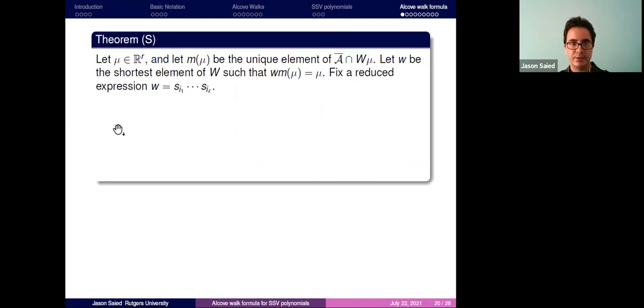But okay, yeah. So let's fix our mu, and let's, like before, let m of mu be the unique element that's in the Weyl orbit of mu and in the closed fundamental alcove. So this is the starting point for our recursion. And we'll let w be the shortest element that takes you from m of mu to mu. So this reduced expression for w tells us exactly the sequence of intertwiners you need to apply to get from x lambda to E mu.